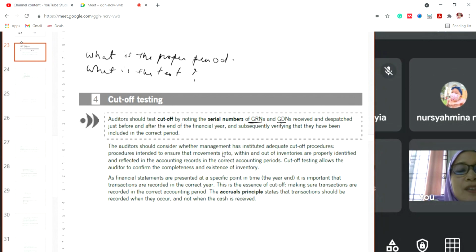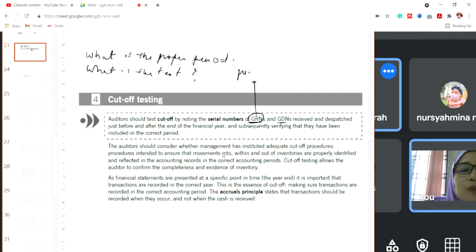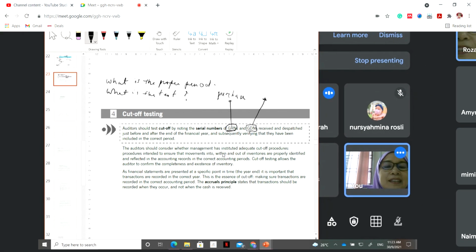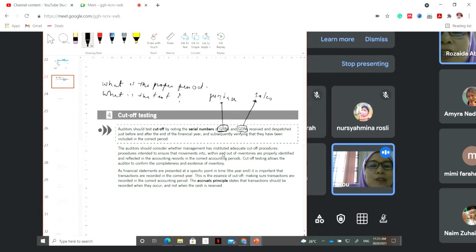Goods received notes can happen for sales or for purchase? Purchase. Okay, good. GDN? Sales. Good. So purchase and sales.